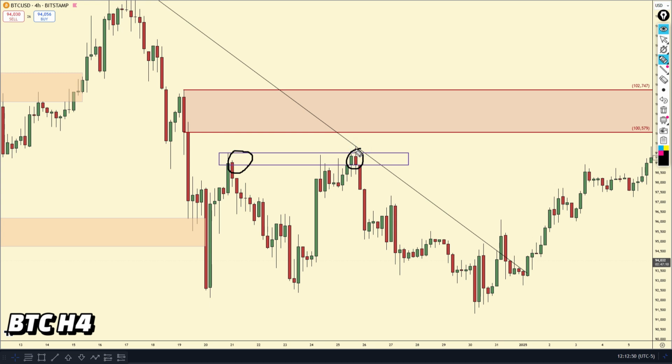And I know from my experience, I haven't really traded support and resistance, but from what I understand, with support and resistance, we like to trade the second and the third touches, which really stood out to me as a clear area of resistance right before our real supply.